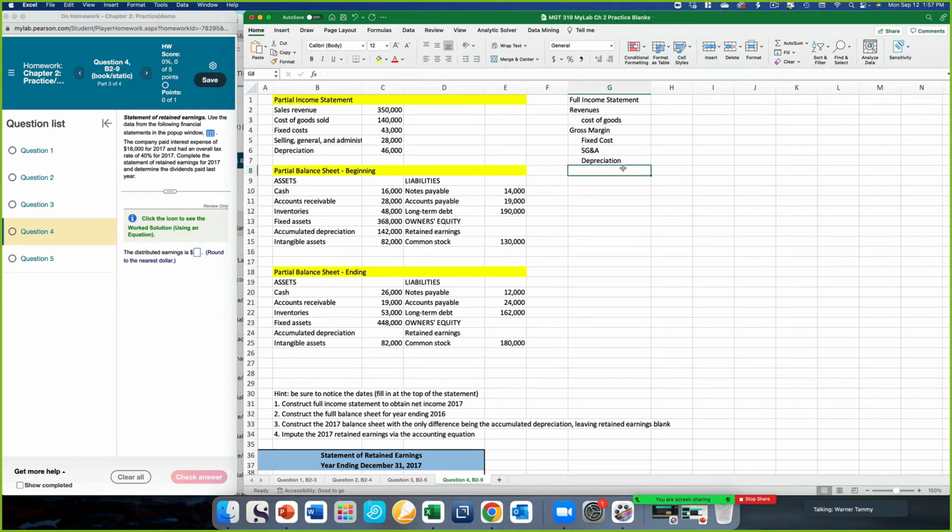Okay, and then after we subtract out those other expense categories from the gross margin, we get to EBIT, earnings before interest and taxes. And subtract from earnings before interest and taxes, you subtract out interest. And that will give you taxable income.